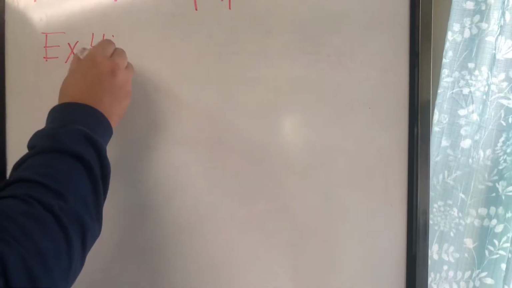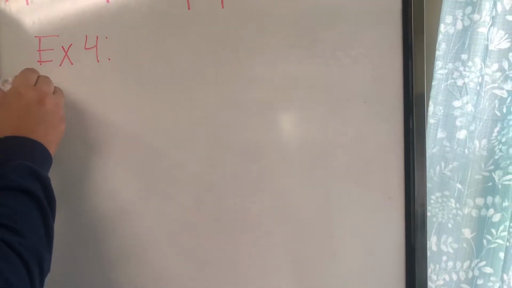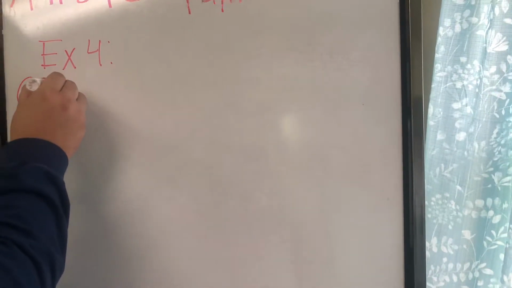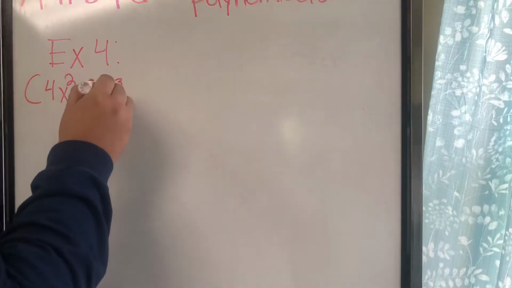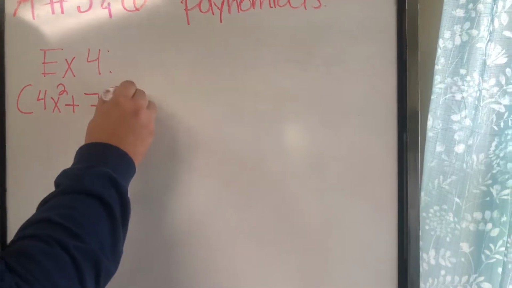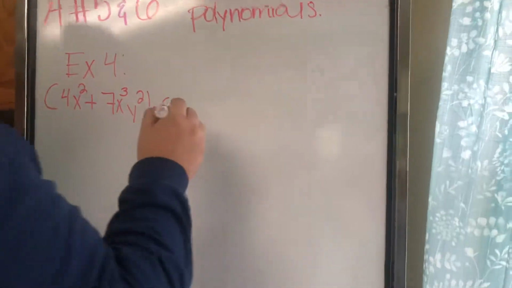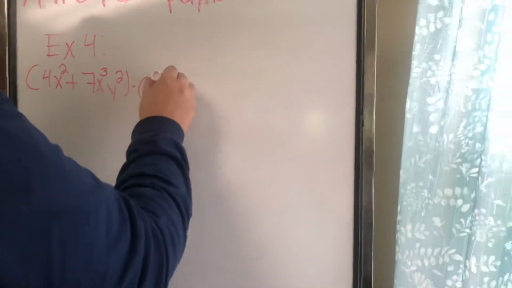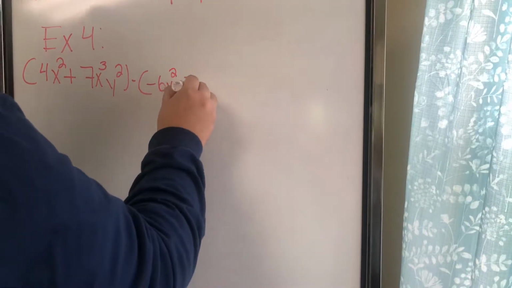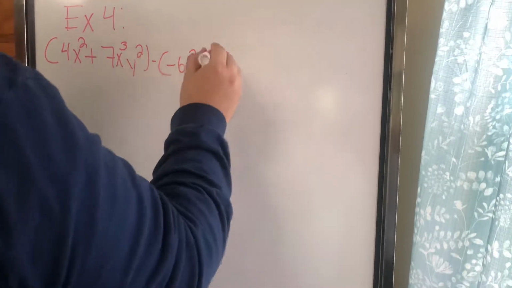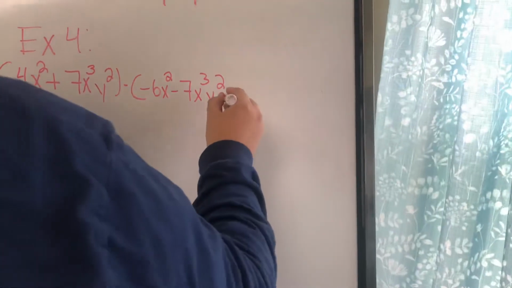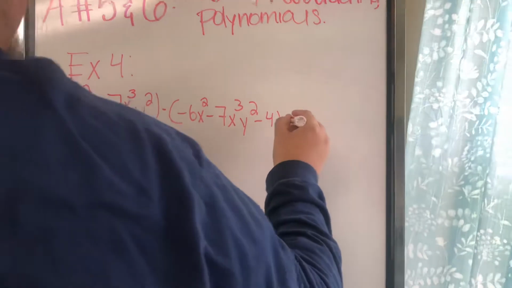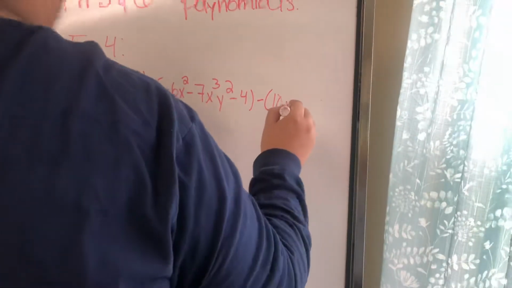Example 4 is going to have the following: 4x squared plus 7x to the power 3 y squared minus negative 6x squared minus 7x to the power 3 y squared minus 4 minus 10x plus 9x squared.